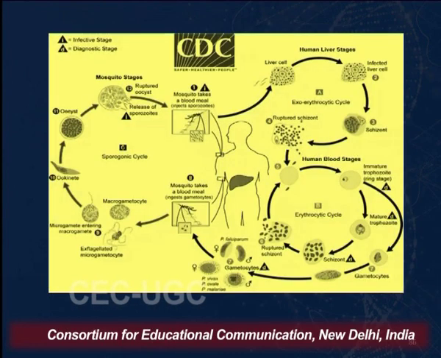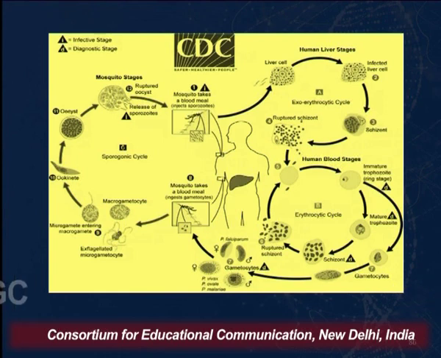Now, let us come to the life cycle of the Plasmodium parasite, which is the parasite causing malaria. The parasite completes its life cycle in two major hosts. One is the mosquito, the other is the human host. In the human host, it is divided into two cycles. One is called the exoerythrocytic cycle, the next is called the erythrocytic cycle.